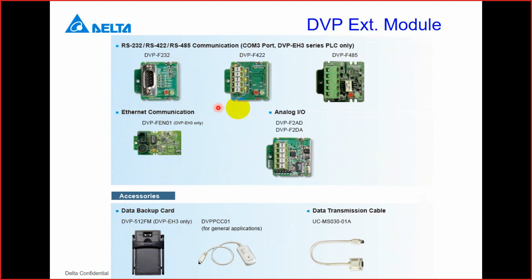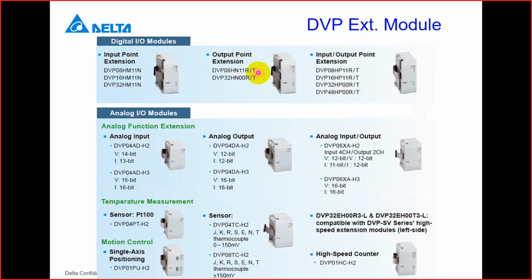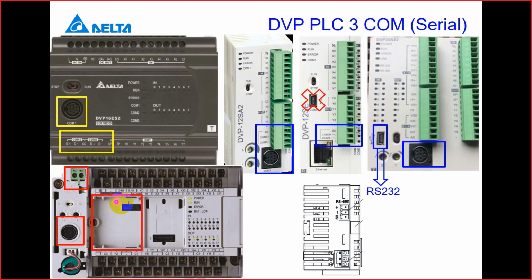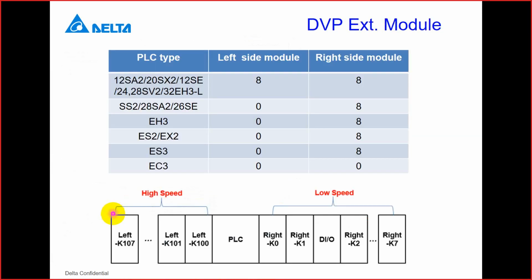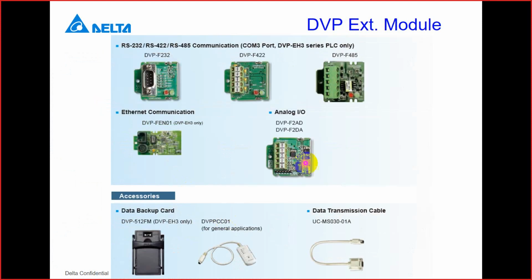This is the communication card for serial port 3 extension. So you can see the card would look like this, so we can install on here. So that's the reason, that's how we achieve 3 serial port in each series.